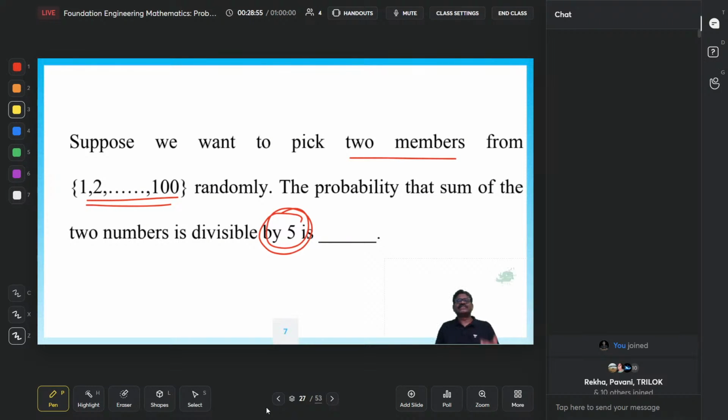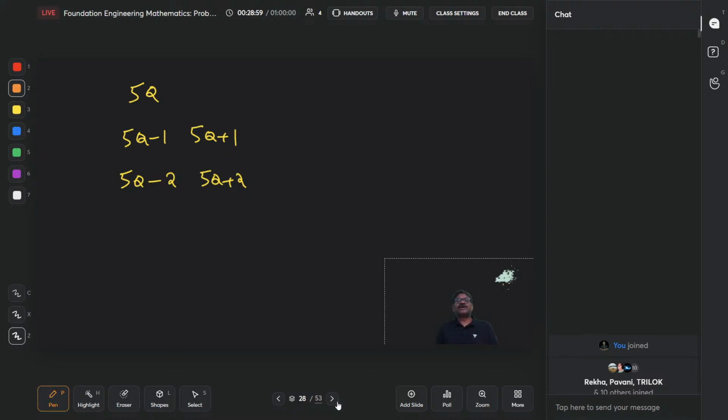Now, the sum of the two numbers is divisible by 5. Total 100 numbers, you are going to select 2. So, denominator is 100C2.